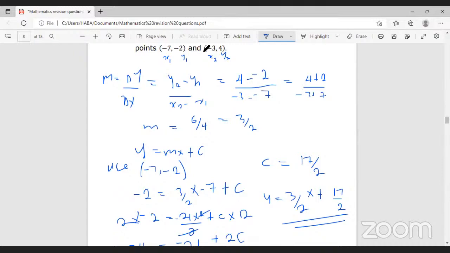So because some of these numbers are negatives, we got 4 minus, this was -2. And it later became 4 plus because of the negative. Then we got 3 minus -7.